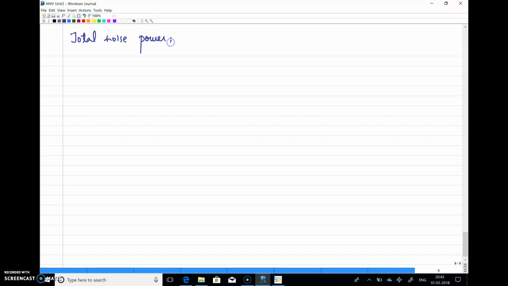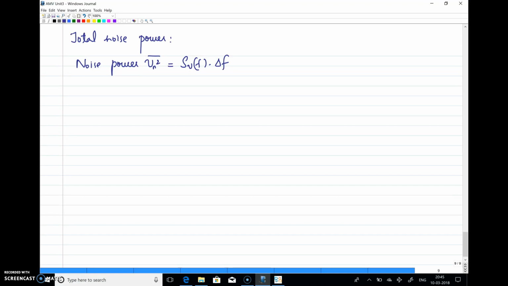We know the noise power is given as Vn square bar, which is the power spectral density multiplied by the unit hertz bandwidth.